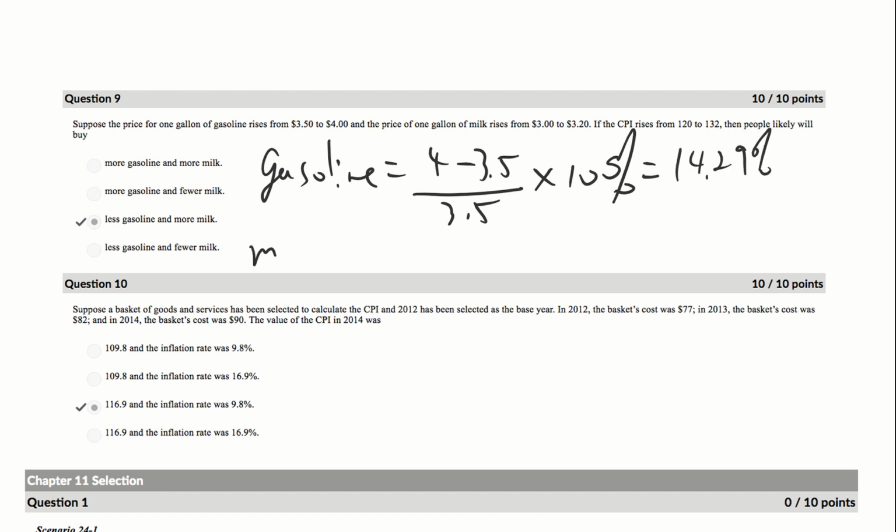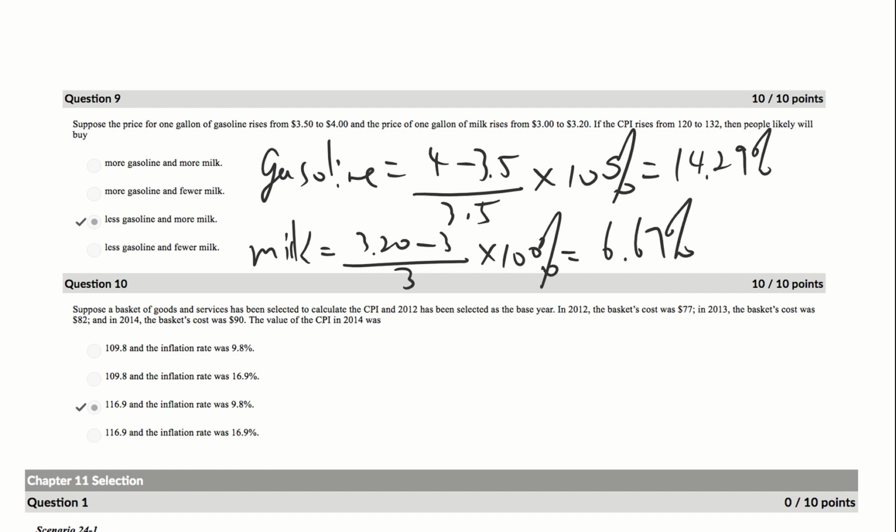And then for milk, it will be $3.20 minus 3 over 3. So the new price minus old price divided by old price times 100. That's going to be 6.67%. All right, so it looks like our gasoline is increasing by 14%. Milk only increased by 6.67%.